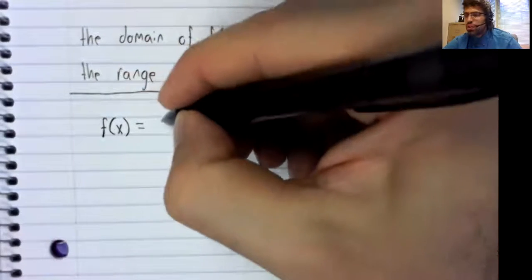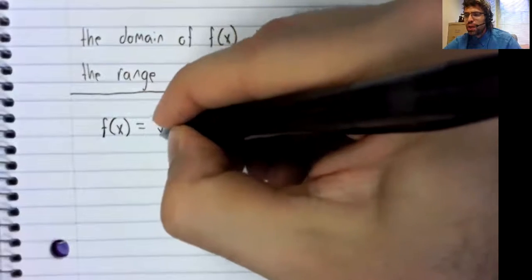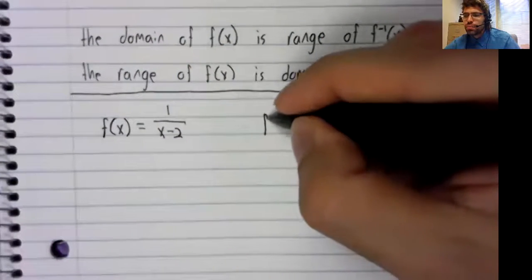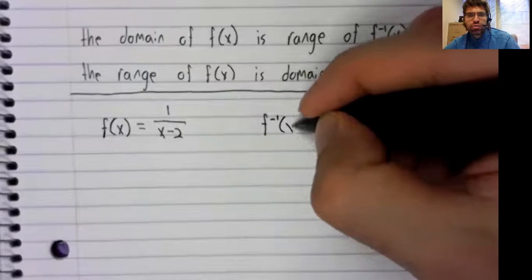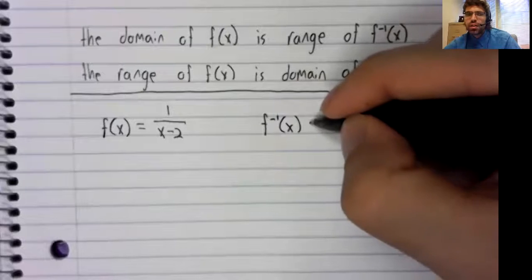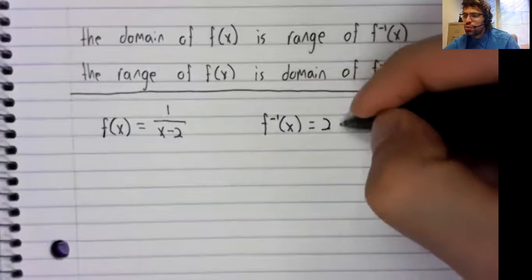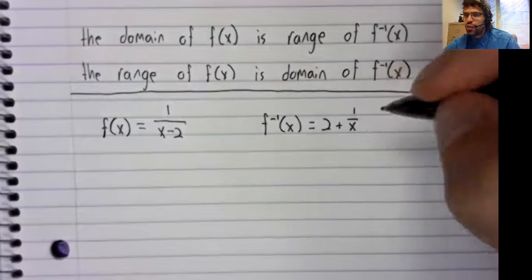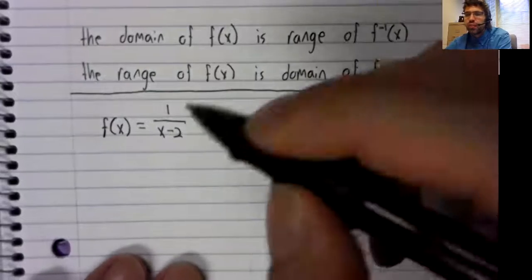F of x equals 1 divided by x minus 2 has as its inverse f inverse of x equals 2 plus 1 divided by x.